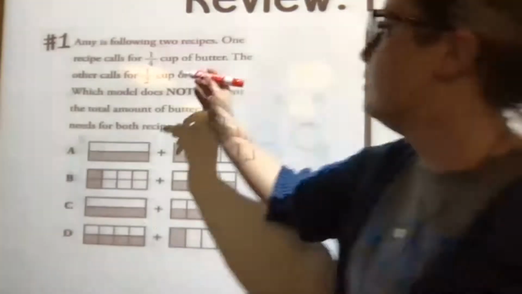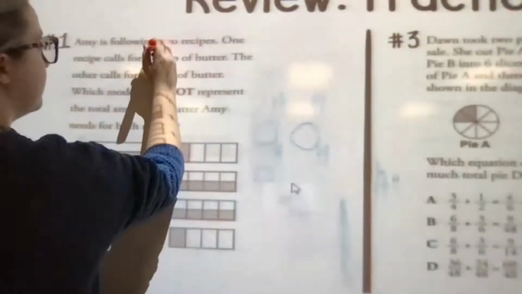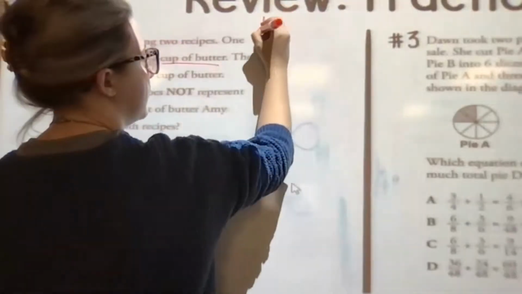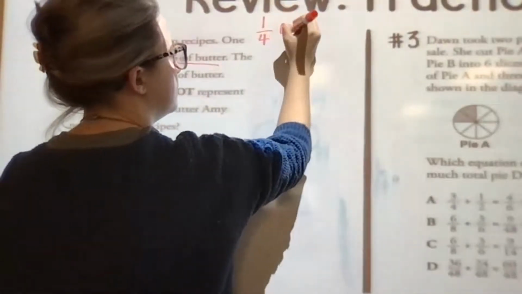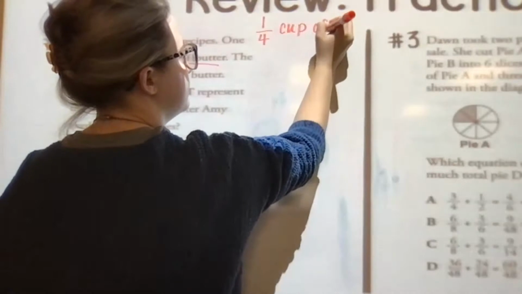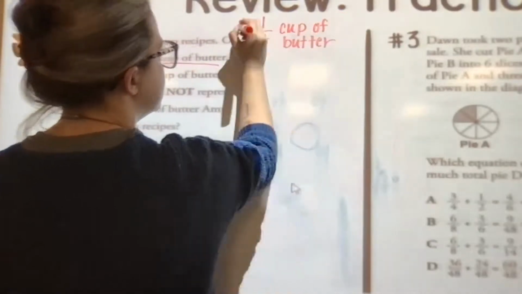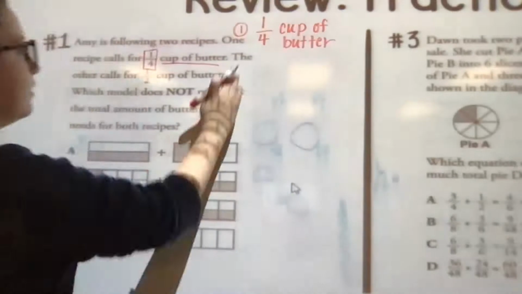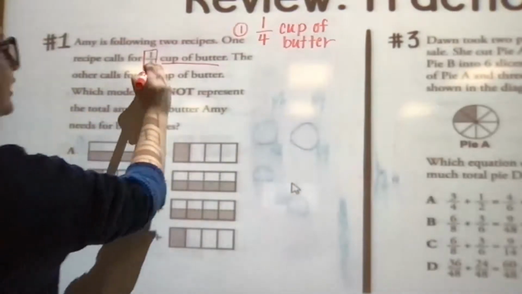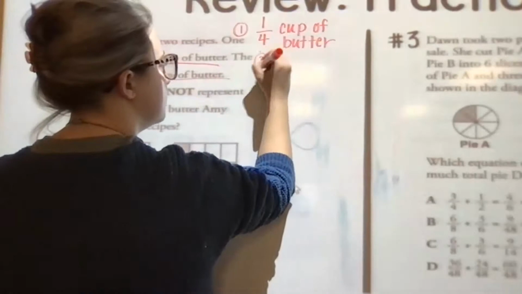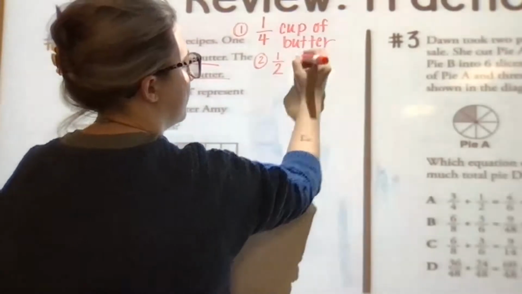Okay, so like I said, Amy is following two recipes. One of the recipes calls for 1/4 cup of butter. I'm going to write it over here so I know. Okay, this is recipe number one. The other calls for 1/2 cup of butter. Recipe number two calls for 1/2 cup of butter.